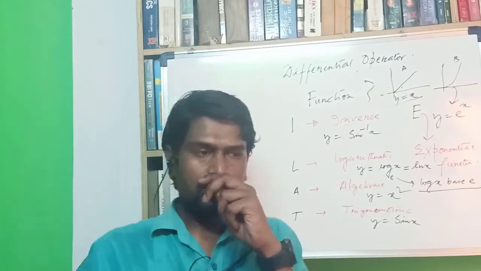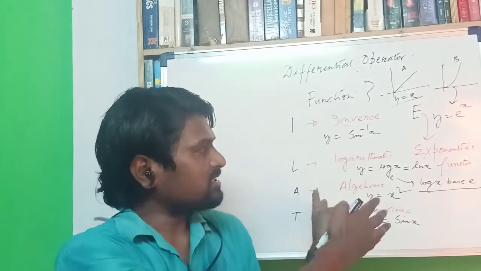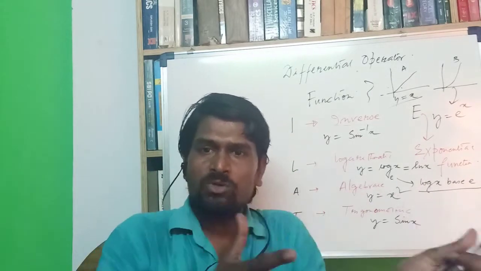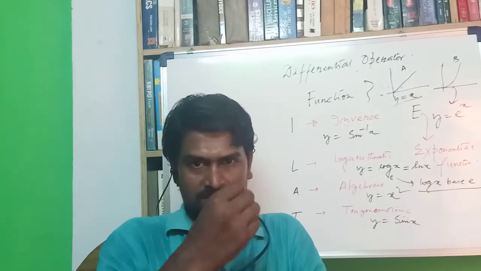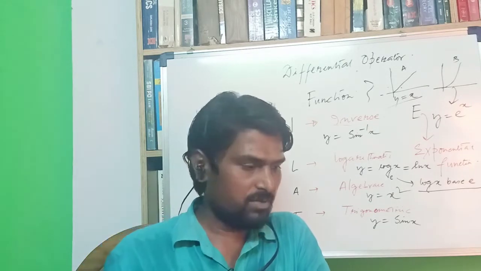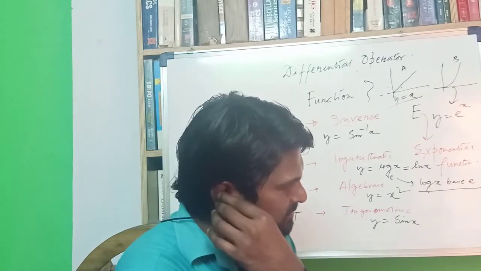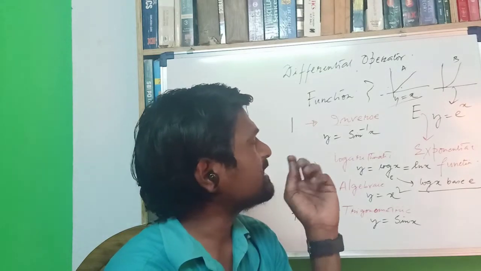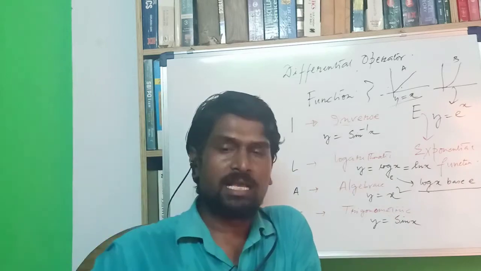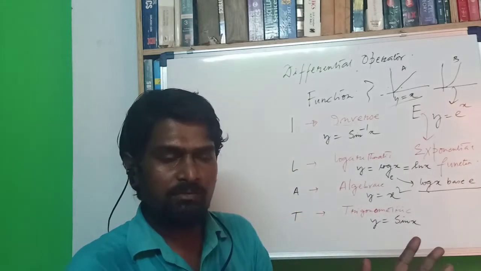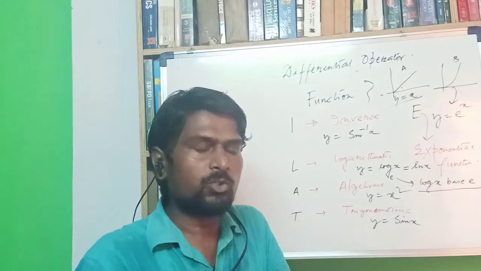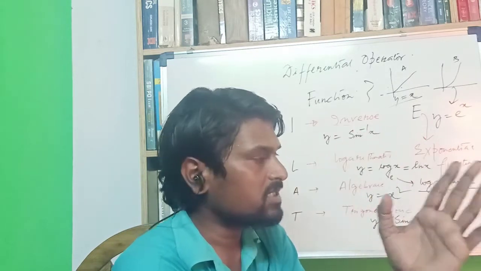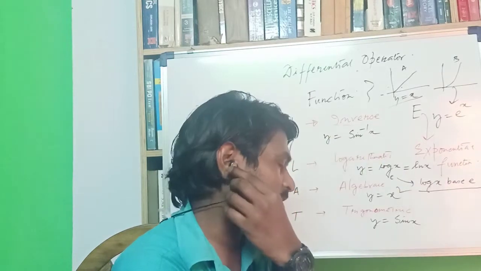So all the functions help you to realize and describe particular facts in our life. So what is a function? There are 5 functions at most. You have to memorize them as ILATE: I for inverse function, L for logarithmic function, A for algebraic function, T for trigonometric function, and E for exponential function.